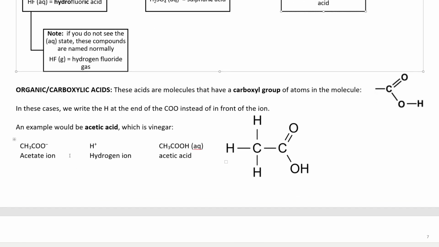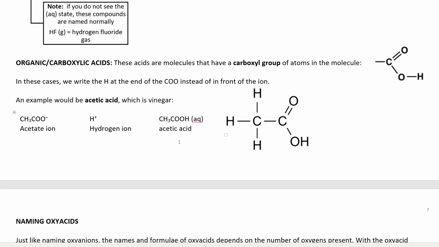But if it's an organic acid, we put the H at the end, because we have COOH. An example would be the acetate ion with hydrogen, which is acetic acid. In your complex ion charts, anything that ends with COO, you put the H at the end of the COO, so COOH.